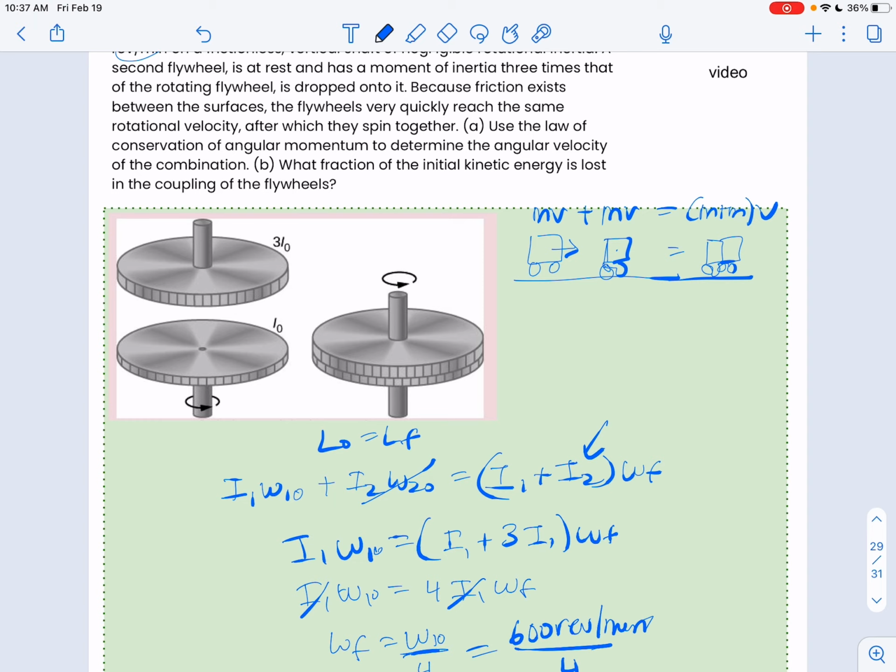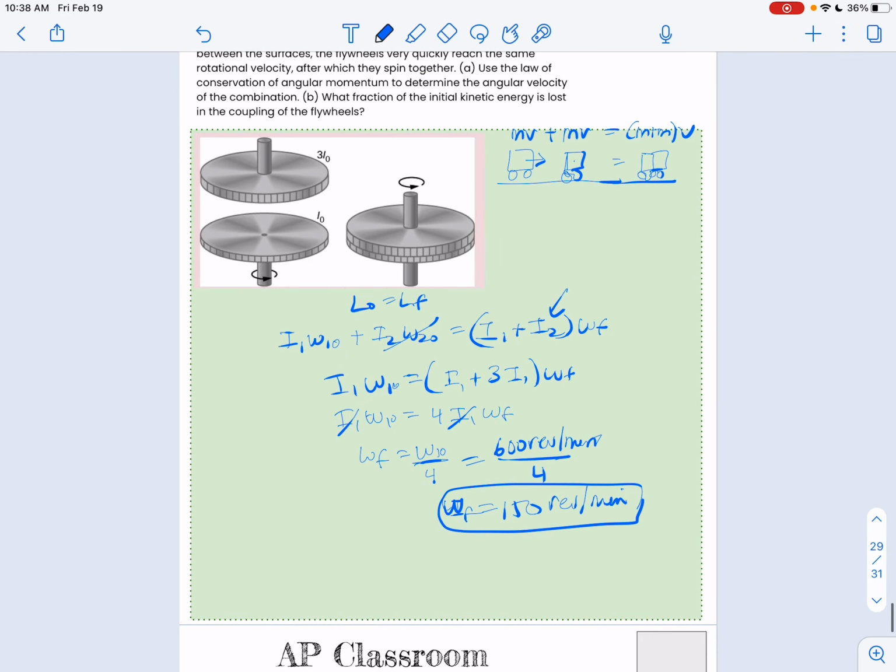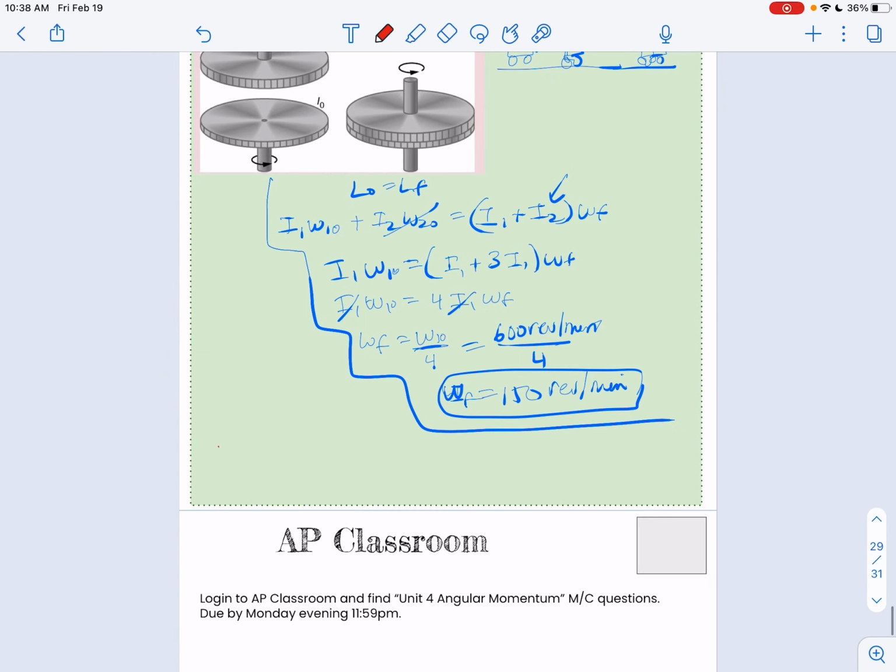What fraction of the initial kinetic energy is lost in the coupling of the flywheels? Now we are going to have to convert those, I think. The initial would be 600 revolutions per minute, 1 minute is 60 seconds, 1 rev is 2 pi radians.